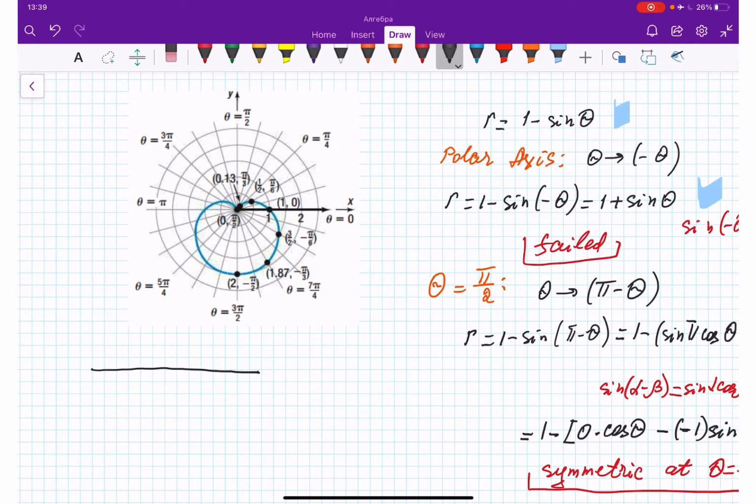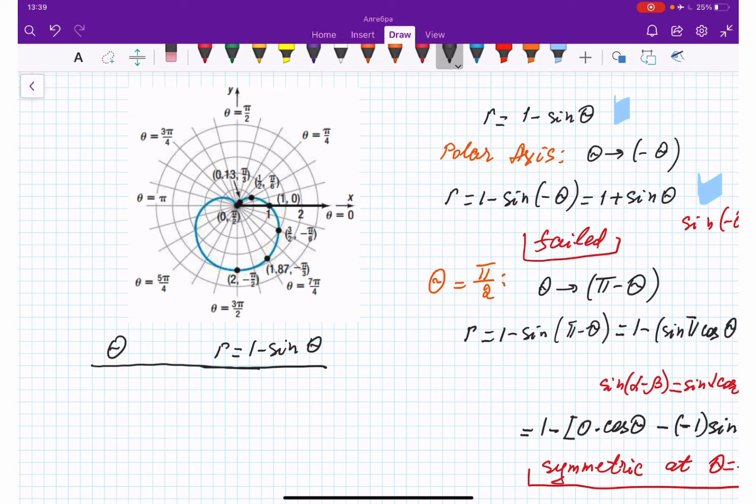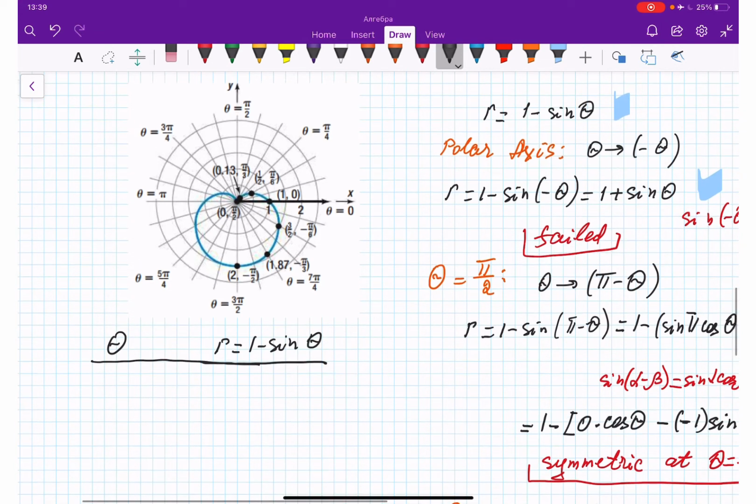This is our theta, and this is our r equal 1 minus sine theta. All right. So we are going to identify points on the graph by assigning values to the angle theta and calculating the corresponding value of r, just like we graph by points in a rectangular coordinate system, right?